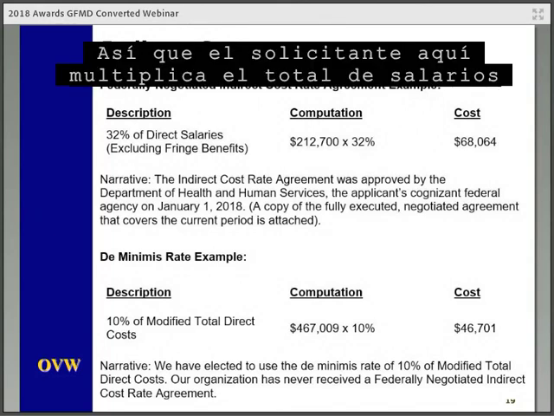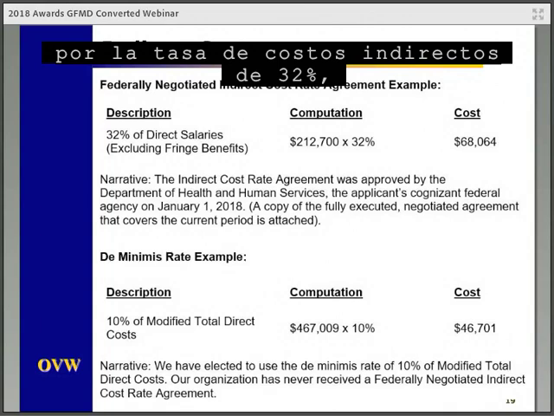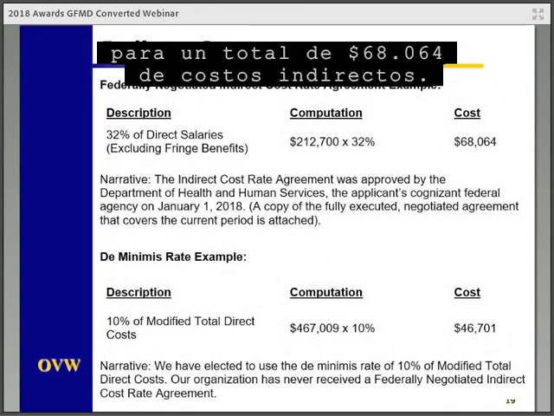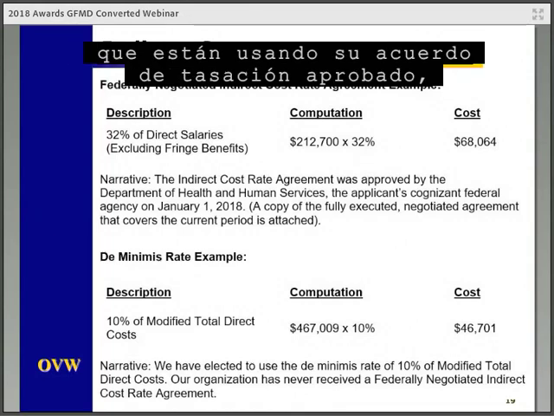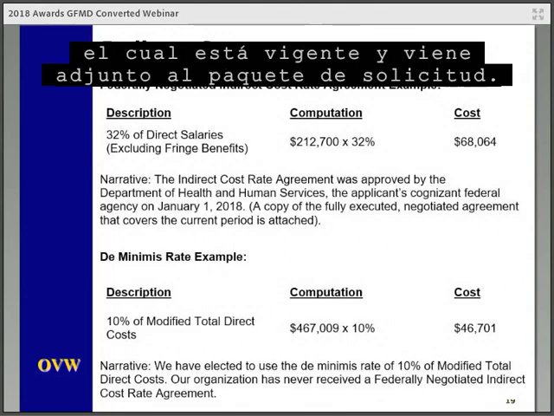So the applicant here multiplies the total salaries against the indirect cost rate of 32% for a total of $68,064 for indirect costs. Also note the narrative where the applicant indicates that they are using their approved rate agreement that is current and attached to the application package.